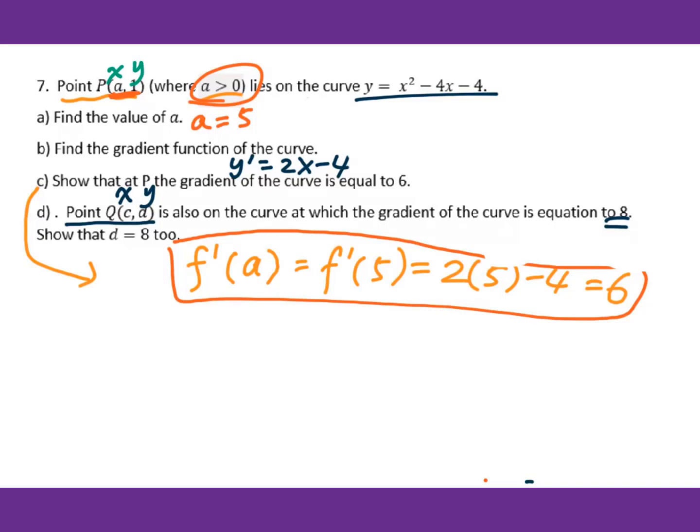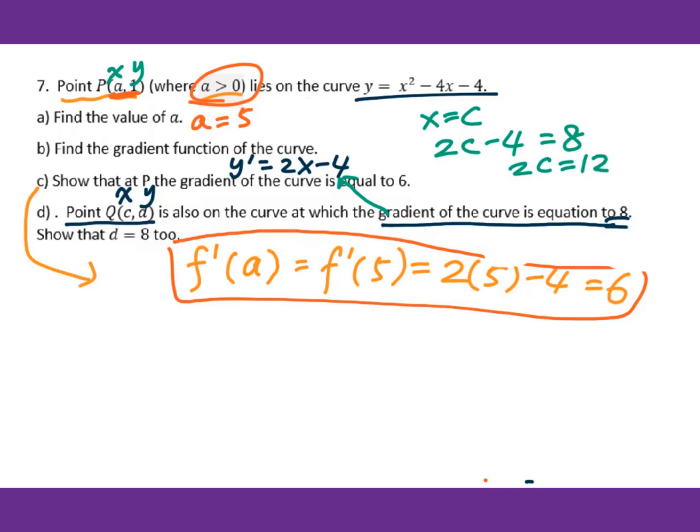But they said the gradient of the curve is equal to 8, so I need to plug into this gradient function, x equal to c. You got 2c minus 4 equals 8. So 2c equals 12. c equals 6.